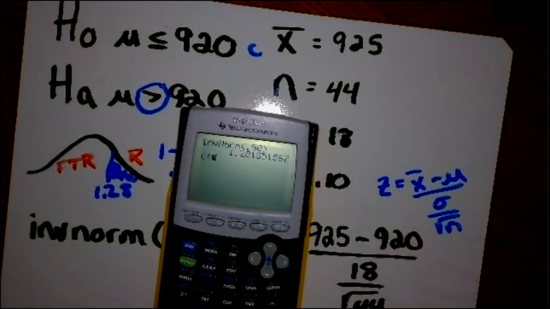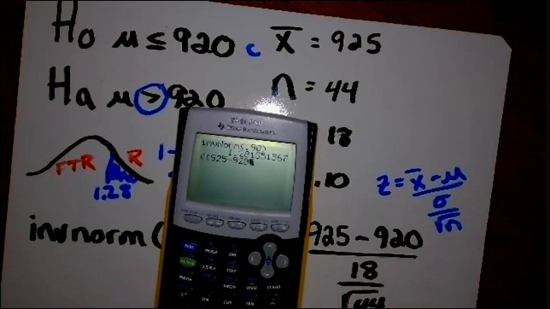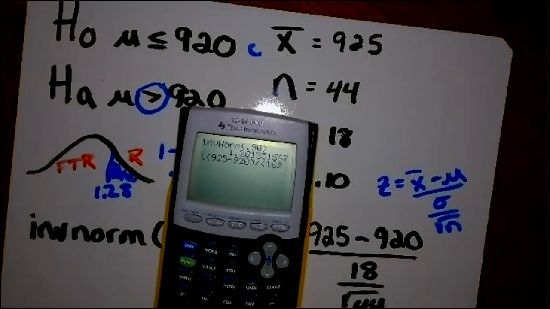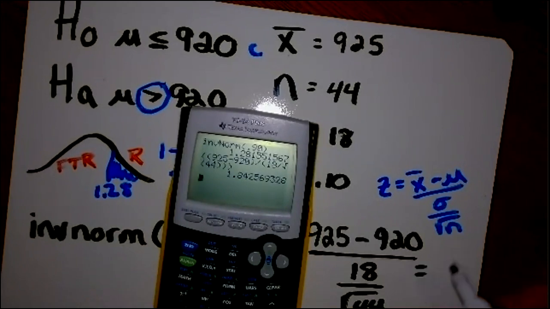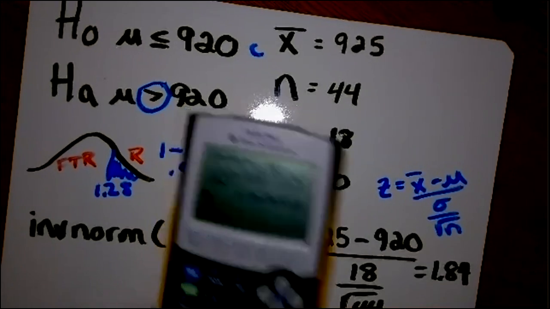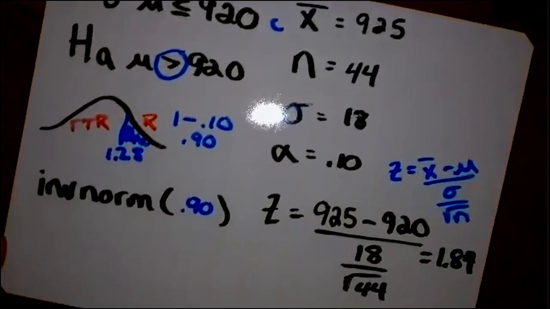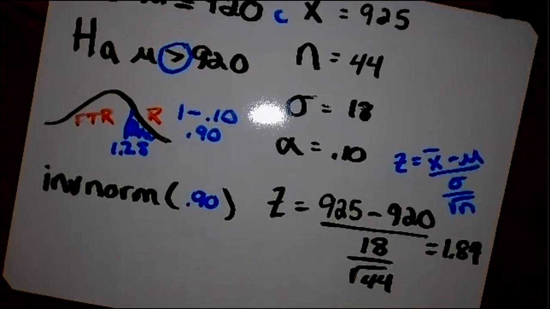So the numerator goes in parentheses as well as the whole thing. 925 minus 920, close the numerator, divided by open another set of parentheses, 18 divided by the square root of 44. So I'm going to close the square root, close the denominator, close the whole thing. And that gives me a z-score, which is to two places, 1.84.